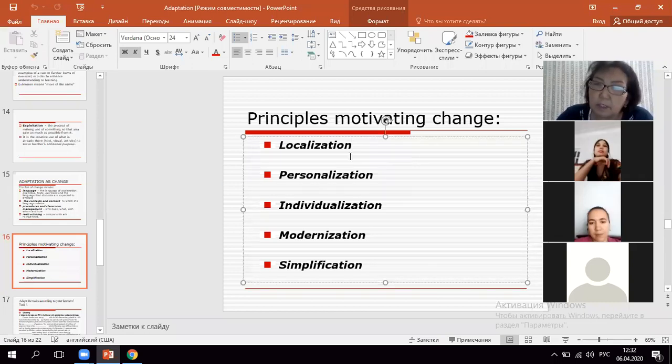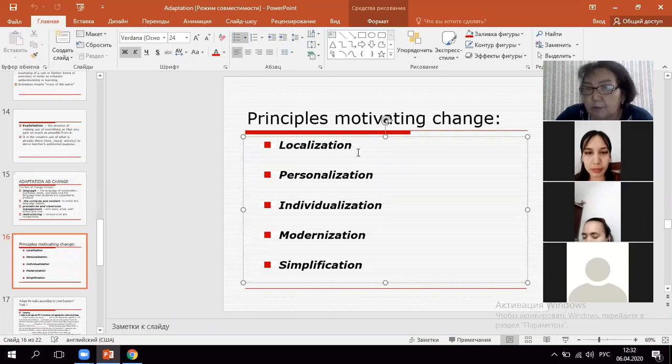For example, they are given the task, describe the Red Square in Moscow. It is not quite appropriate to our learners. You can change it to another material because of the localization principle, because you know that your students cannot describe the Red Square in Moscow.